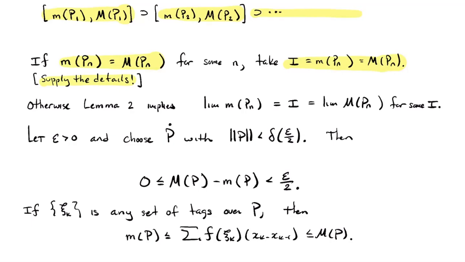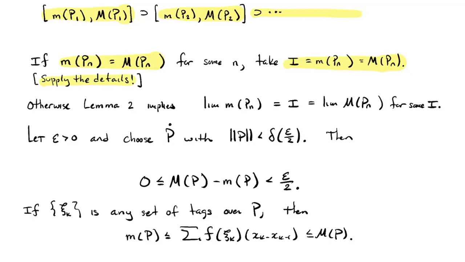But if it's ever the case that these intervals shrink to width 0, then as soon as it happens, you can just take the lower and upper sum that are equal, take that to be I, and it'll satisfy the condition of the theorem.